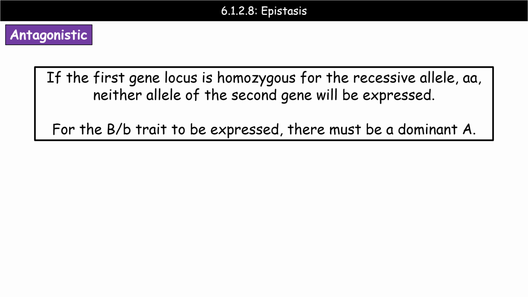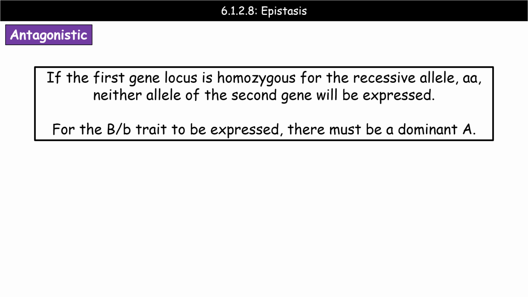Now, what that looks like in terms of the familiar capital and lowercase letters that we use in our genetic cross diagrams is that we would be looking for two lowercase letters, our recessive alleles, homozygous in nature. If the first gene locus is homozygous for the recessive allele, and I've given you the example aa there, then neither of the second gene's potential combinations could be expressed.